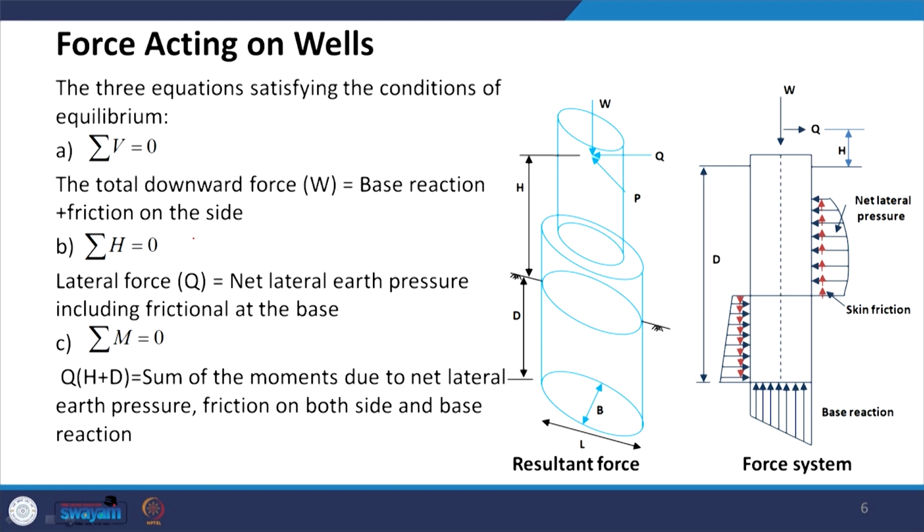The well is embedded inside the soil. This is ground level and D is the depth of the well. From the ground level, the point of action of the forces is at height H. So, the total height from the base of the well to the point of action is H plus D.